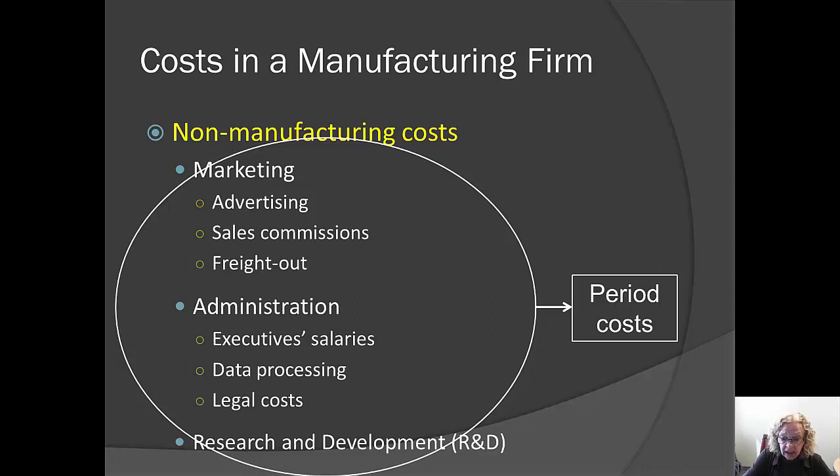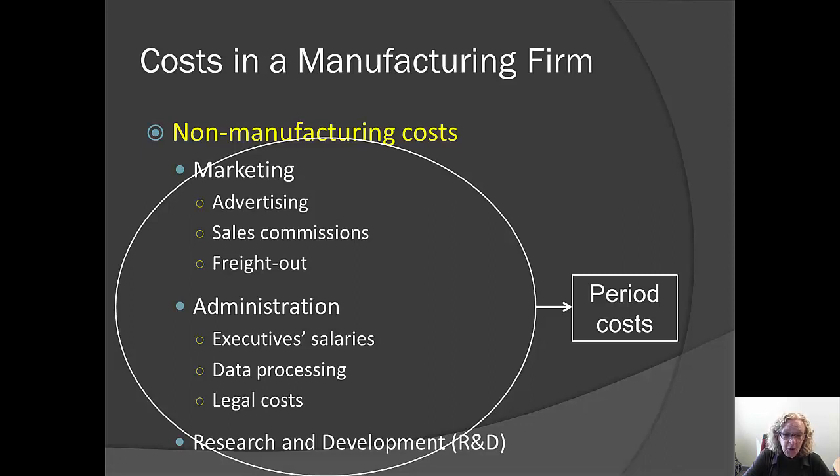We hope that our marketing in this period will help customers to buy our goods in the future. We hope that smart administrative decisions in this period will help our firm to do better in the future. And we hope that research and development that we do in this period will help us make better products and more sales revenue in the future.